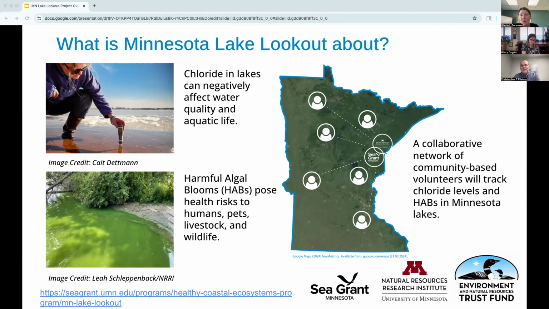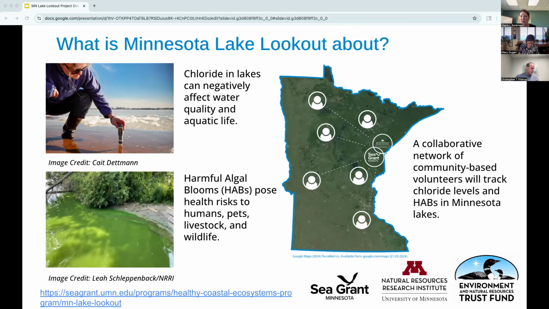So these are two pretty different water quality problems, but they do have a couple of things in common. One is that the runoff that brings chloride and the nutrients, namely nitrogen and phosphorus, that contribute to algal blooms into lakes is non-point source and episodic, meaning we don't know when or where a chloride influx will occur or when and where an algal bloom may pop up, and if that algal bloom produces cyanotoxins or what kind of cyanotoxins.